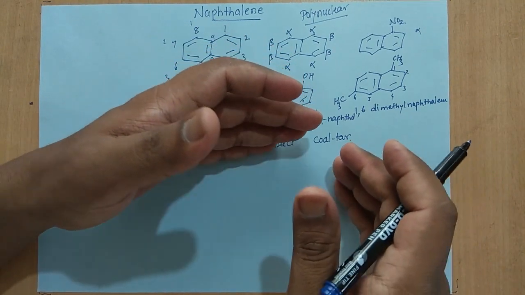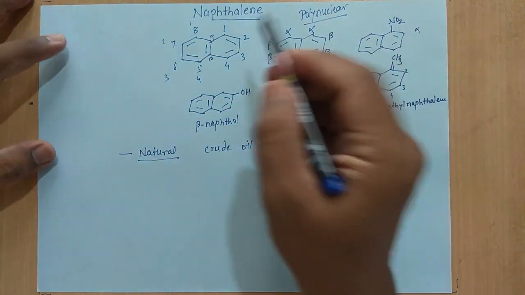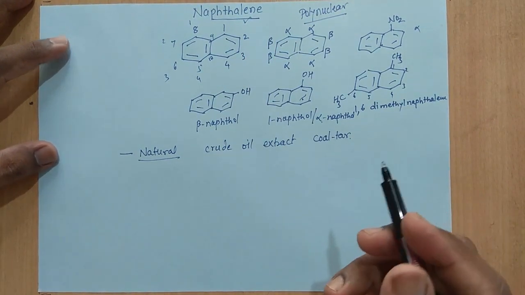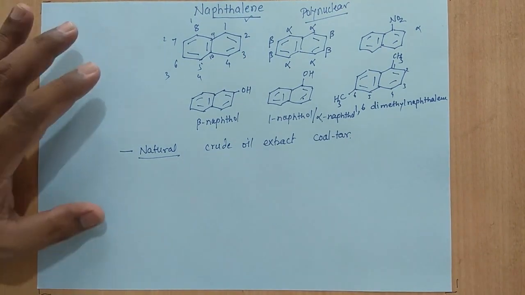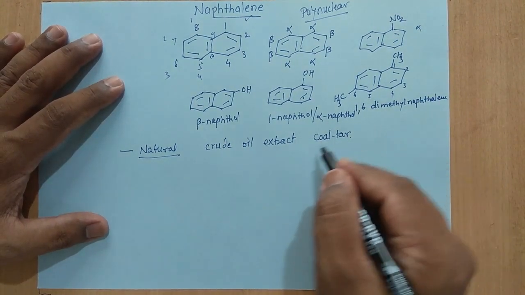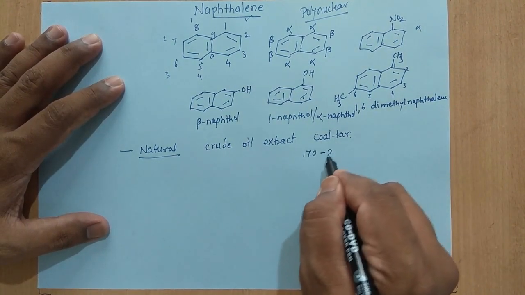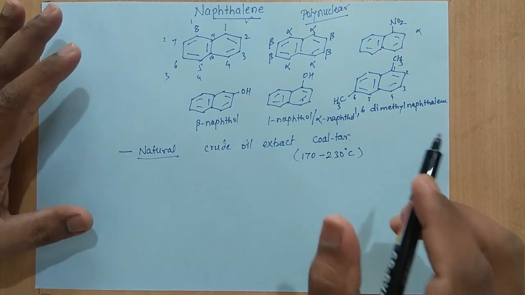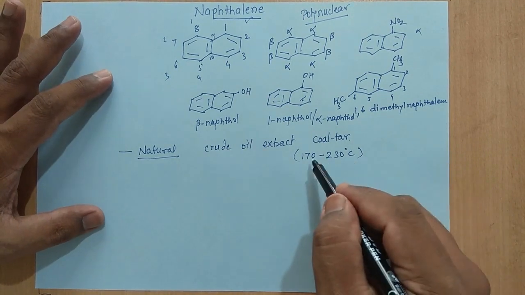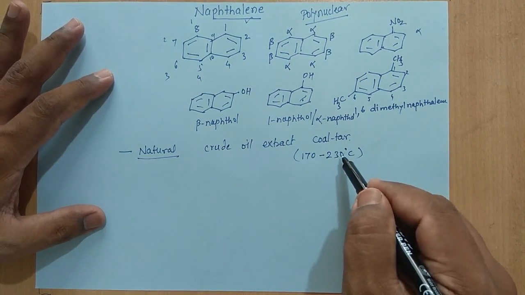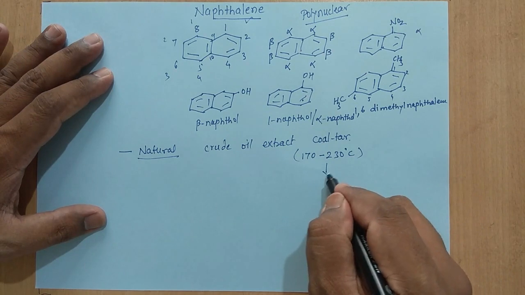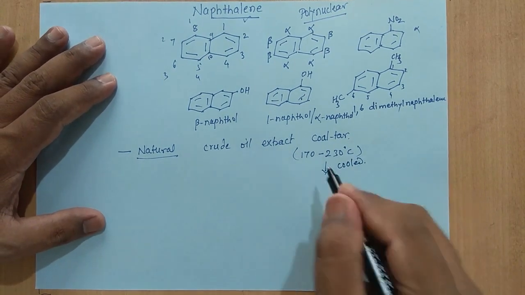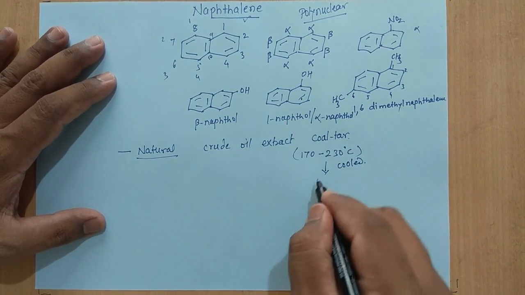So from this coal tar, one of the components isolated is naphthalene. How is it obtained? The coal tar fraction which has a boiling point around 170 to 230 degrees Celsius is cooled. During this, naphthalene is precipitated.